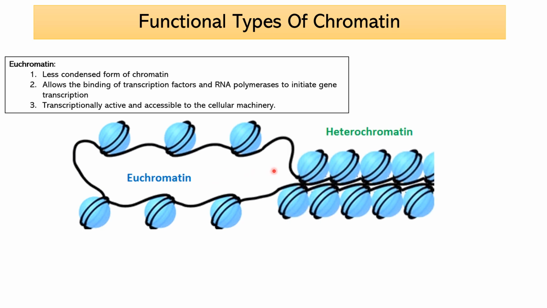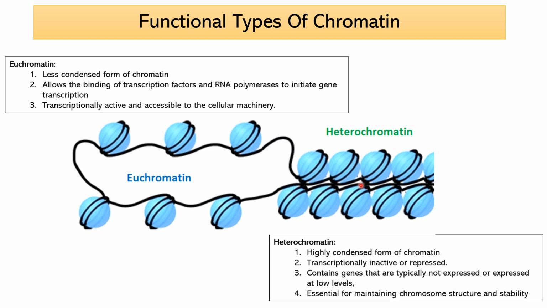The second type of chromatin is called heterochromatin. Heterochromatin is characterized by being a highly condensed form of chromatin, so it is more condensed than euchromatin. It is also considered to be transcriptionally inactive or repressed. And the genes that are usually found within the DNA wrapped around the heterochromatin region are considered to be genes that are not expressed or genes that are expressed at very low levels.